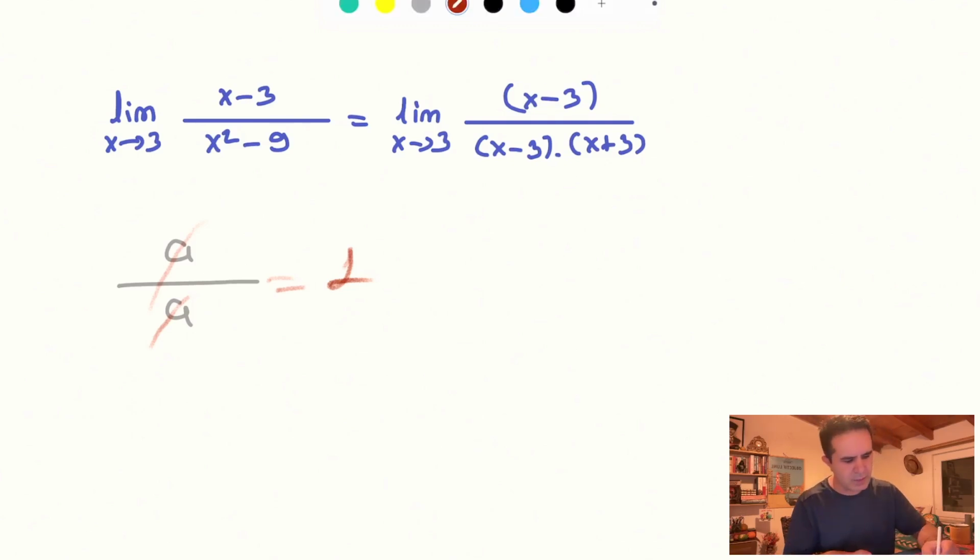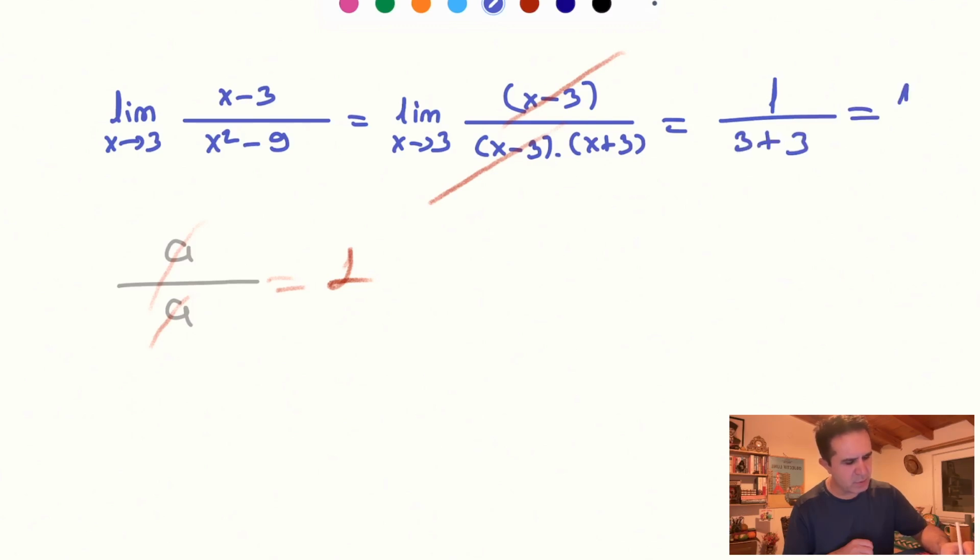So we can cancel them. And after the cancellation, we can safely substitute the value of 3 here, and we can say that this limit is equal to 1 over (3 plus 3), which equals 1 over 6.